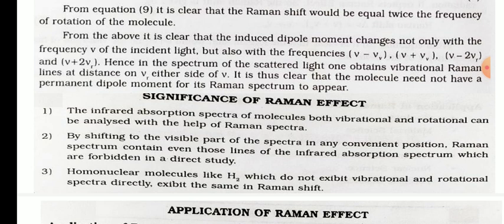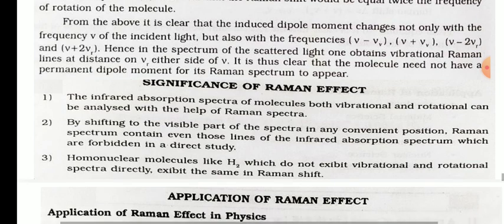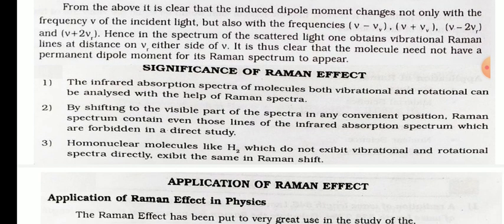Hence, in the spectrum of the scattered light, one obtains the vibrational Raman lines at a distance of nu v on either side of nu, and it is thus clear that a molecule need not have a permanent dipole moment for its Raman spectrum to appear.